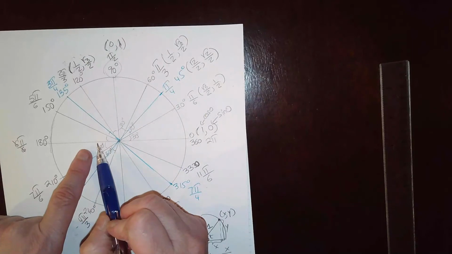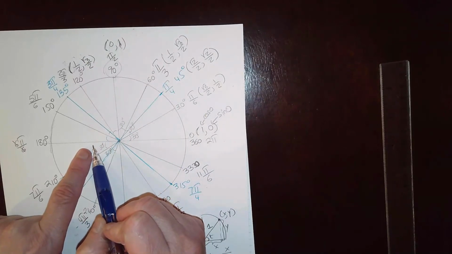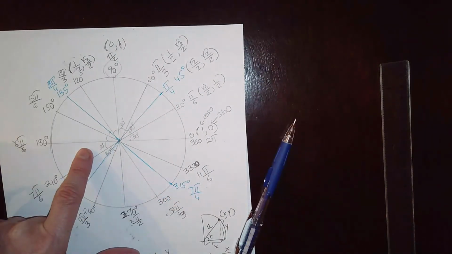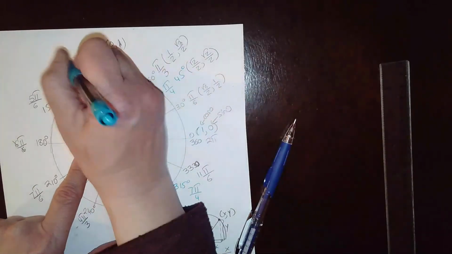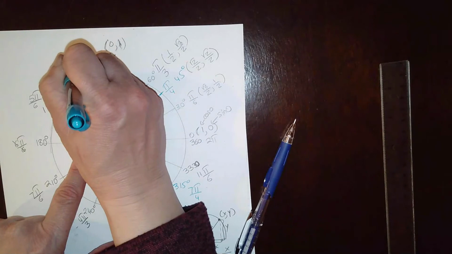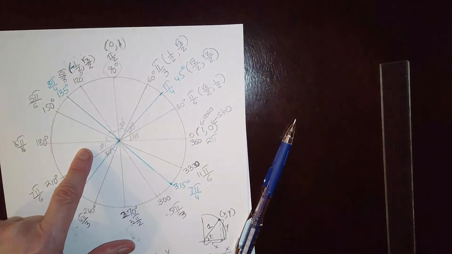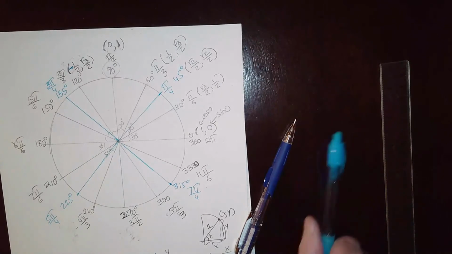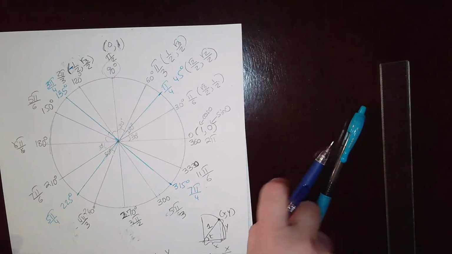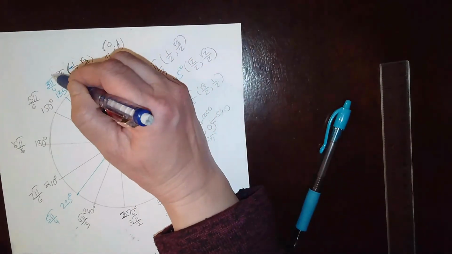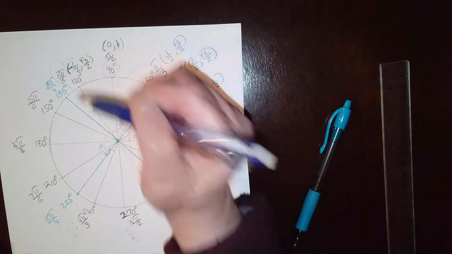But remember, this is the second quadrant, which means the x coordinate must be negative. The x coordinate is the first one right here, the cosine. The cosine in the second quadrant is negative. So this is for 2 pi over 3, 120.